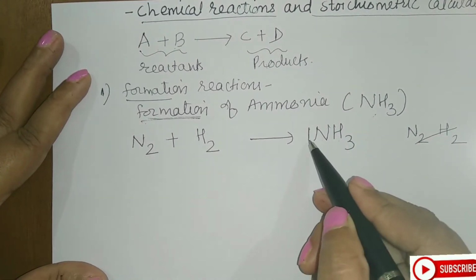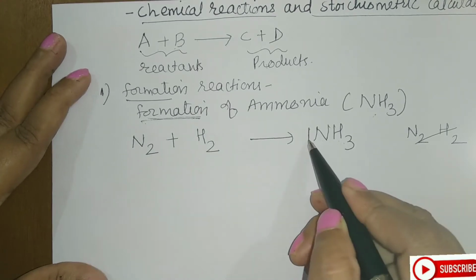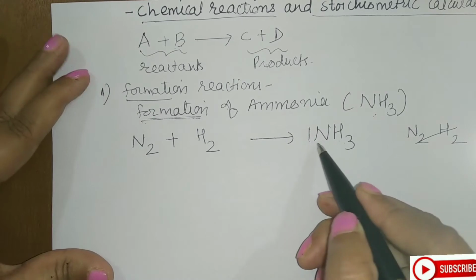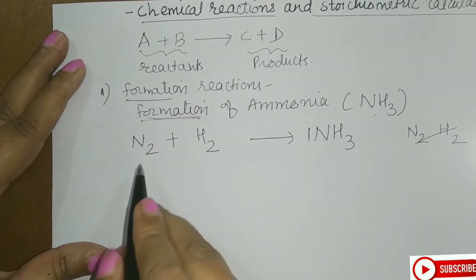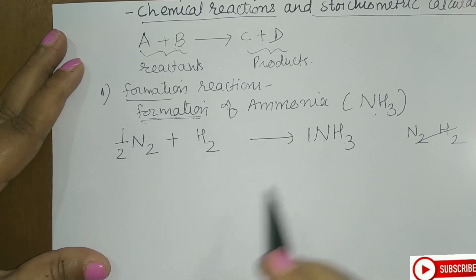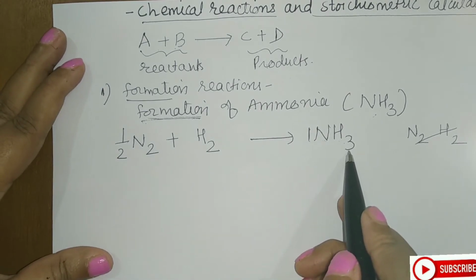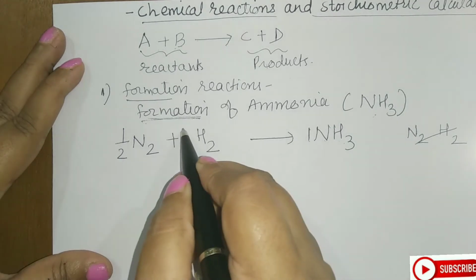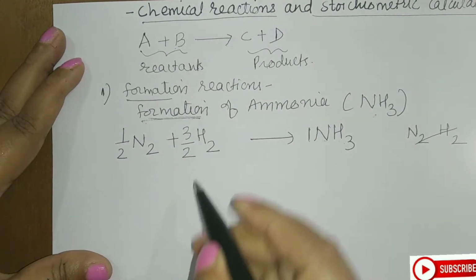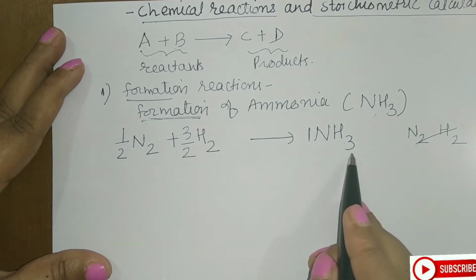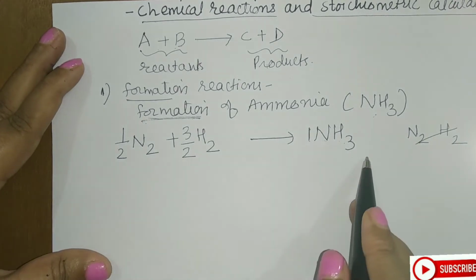So I will keep this ammonia molecule as one molecule and then I will balance the reaction. If I see here nitrogen is 1, here it is 2, so I will write here half. If you see hydrogen here, it is 3, here it is 2, so it will be 3 by 2. What is the meaning of 3 by 2? 1.5 into 2 will give you 3. Now the reaction is balanced.